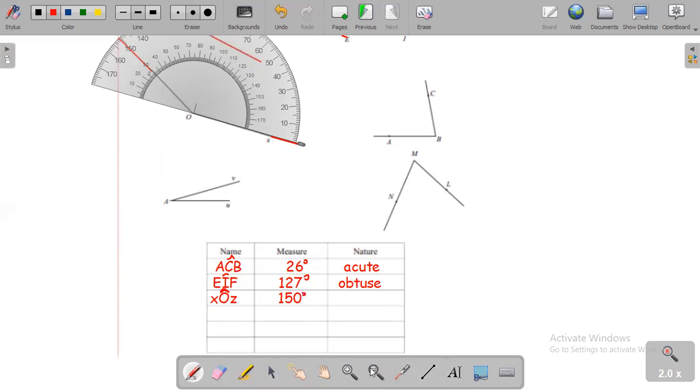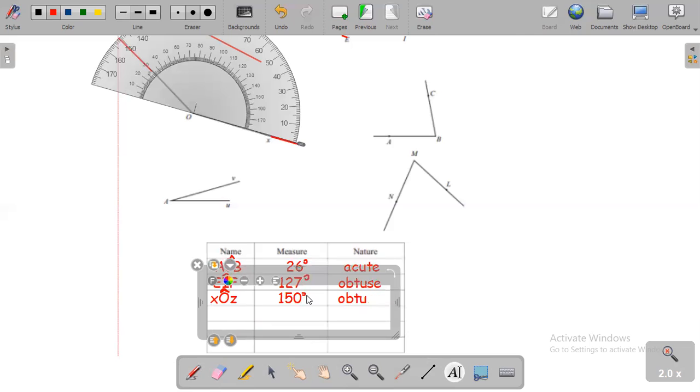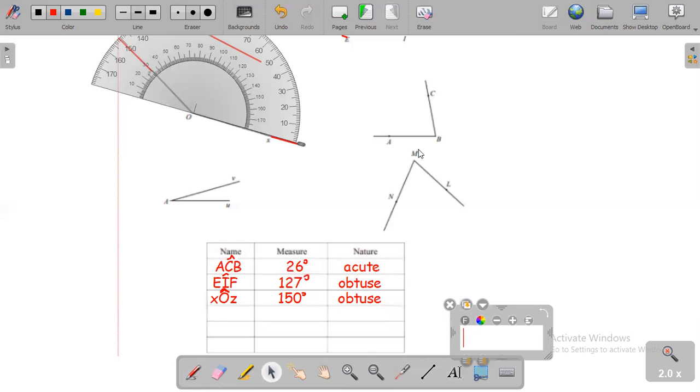What is the nature of this angle? 150 is greater than 90 degrees, so it is obtuse. Now let's write the name of this angle. The vertex should be at the middle.